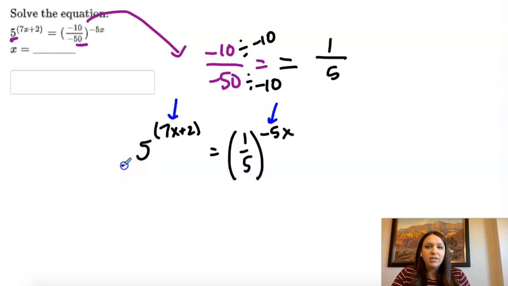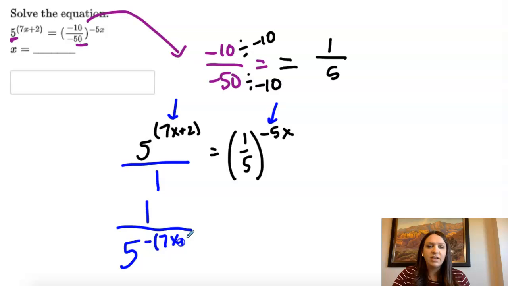If I make this over 1, then I can bring this whole thing, I can switch the exponent and make it 5 to the negative 7x plus 2 equals, and then this isn't the same yet, this isn't 1/5 because this goes to both the 1 and the 5. So this is 1 to the negative 5x, and then this is 5 to the negative 5x.